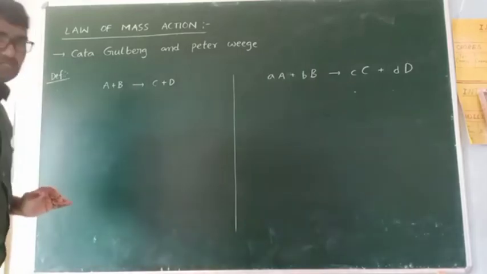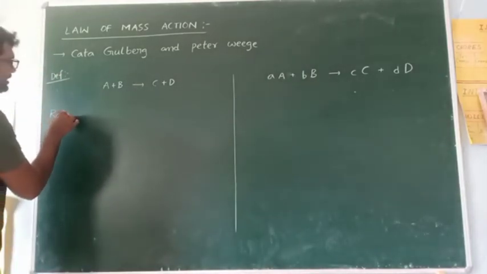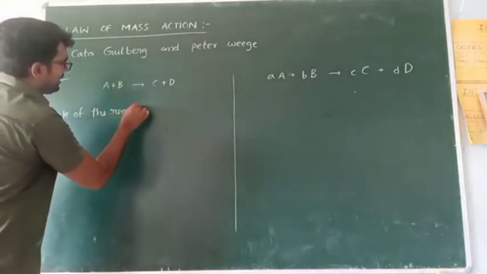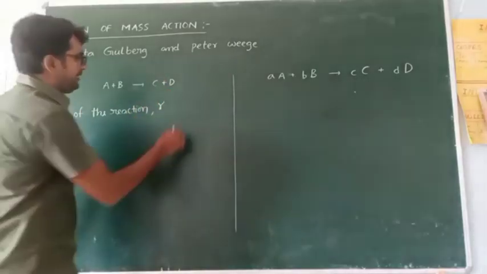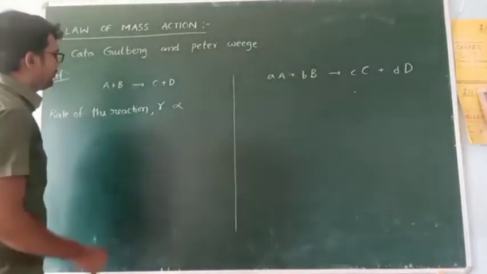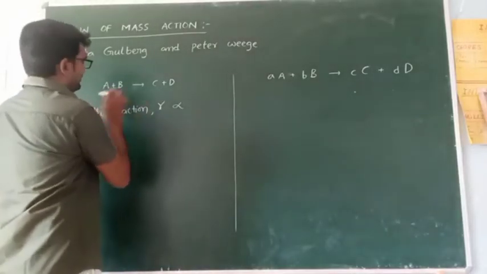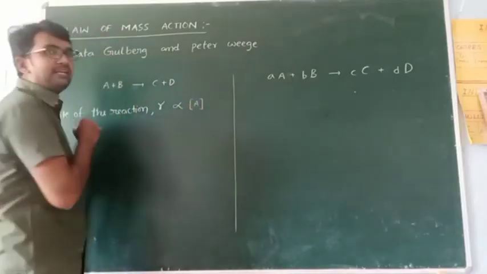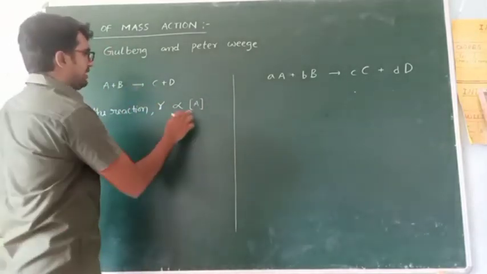According to the law of mass action, the rate of the reaction, simply rate of the reaction with small r, is directly proportional to the product of the concentrations of the reactants with their coefficients or powers.